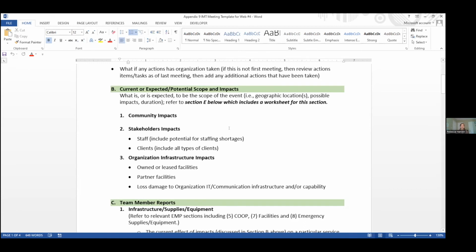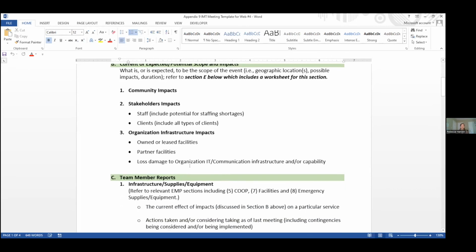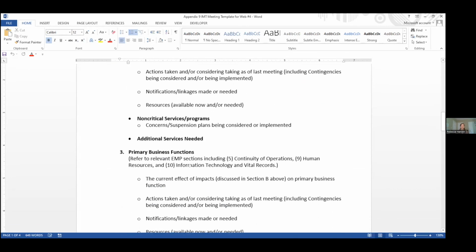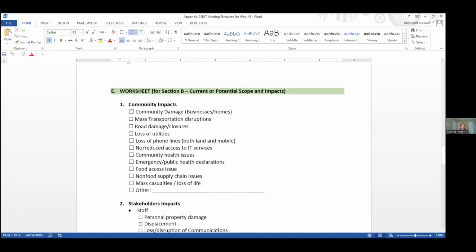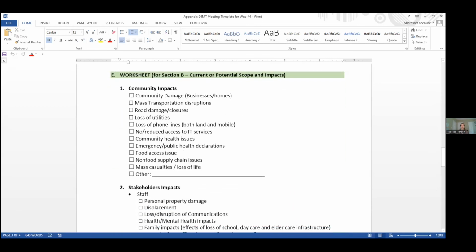And one of the things we've done for this purpose is to put together, if you scroll down to the bottom, you can see we've laid out some samples of different kinds of impacts that may occur as a result of the emergency that you can take into account in your meetings, right?